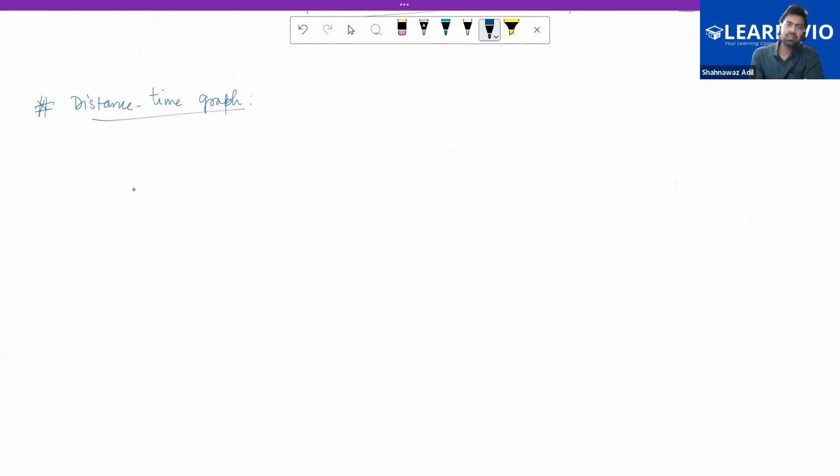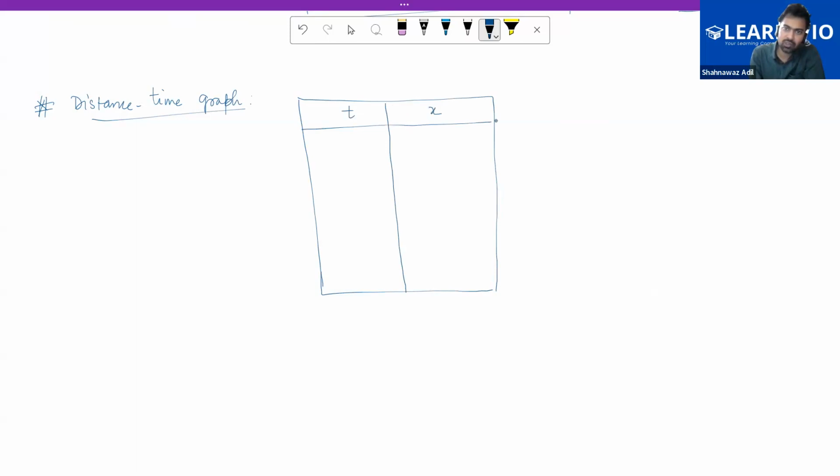So in a distance-time graph, let's say we have this data. This is t, this is x. At 0 seconds, this was 0. In 1 second, this was, let's say, 2 meters.